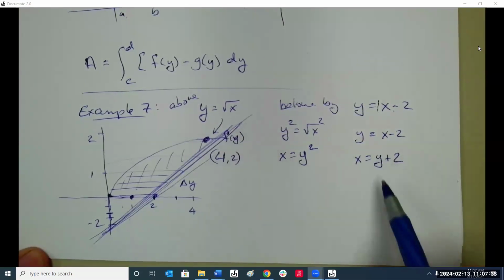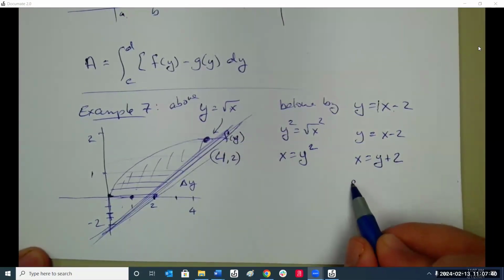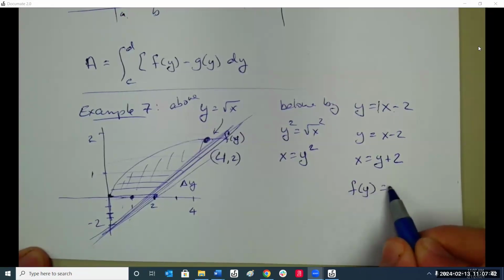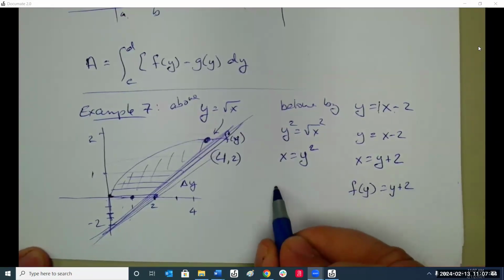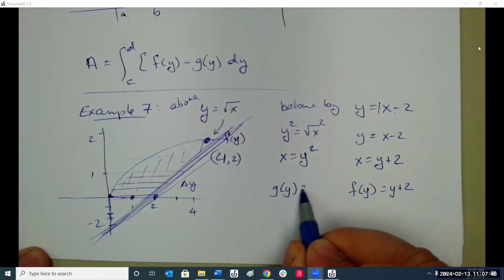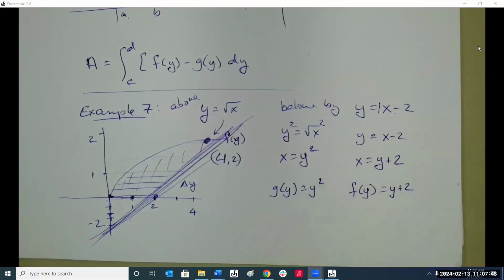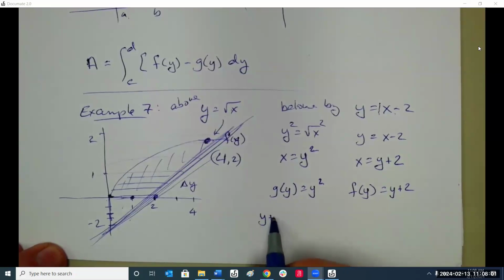So this equation is our f of y, and this is our g of y. We have to find out which one's on top, which one's on the bottom. Where they intersect, set them equal to each other.